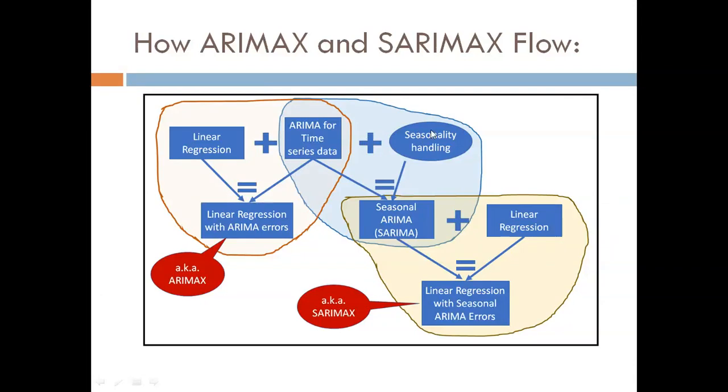The third one, where we use the end result of ARIMA, is seasonal SARIMA, plus linear regression, that is, linear regression with seasonal ARIMA errors. That will show the result, how the model fits, what the errors are, and how we can improve this. That's the same thing as the ARIMA result we are going to learn today.